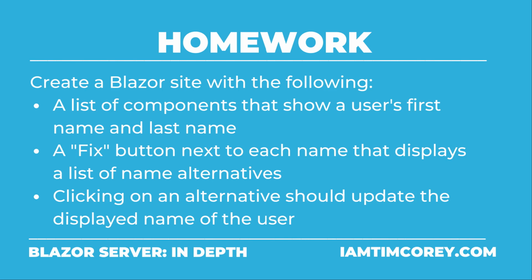That's going to allow us to change how the user's first and last name is displayed, and it's going to show us a list of name alternatives. For example, maybe last name, comma, first name, or first initial last name, and so on. And then finally, clicking on an alternative should update the displayed name for that user.